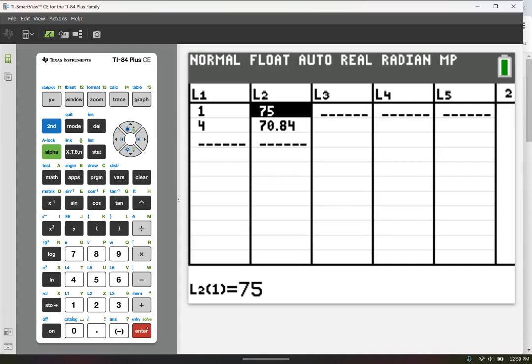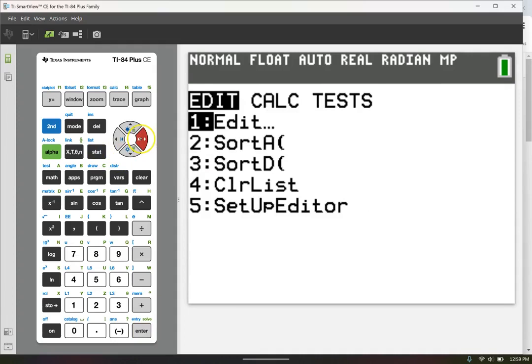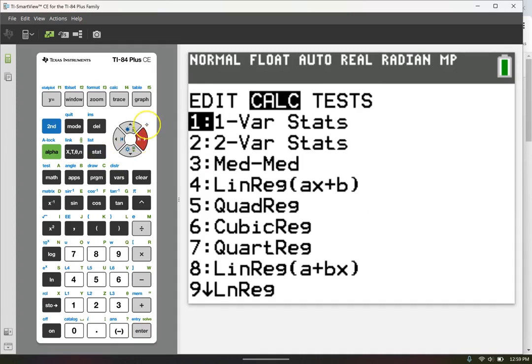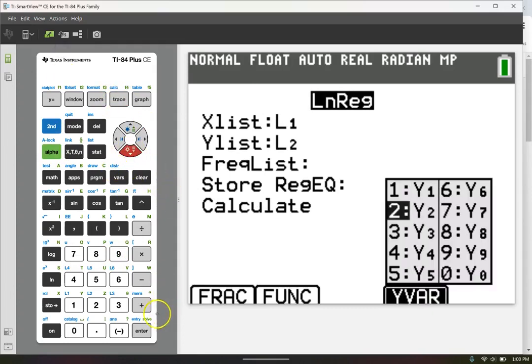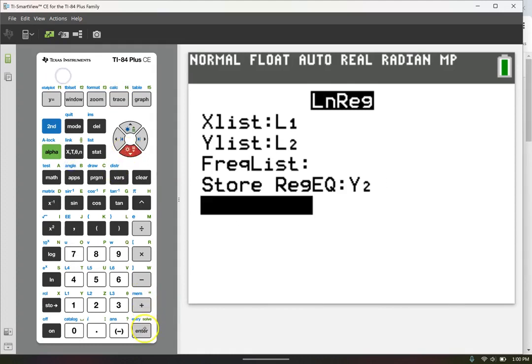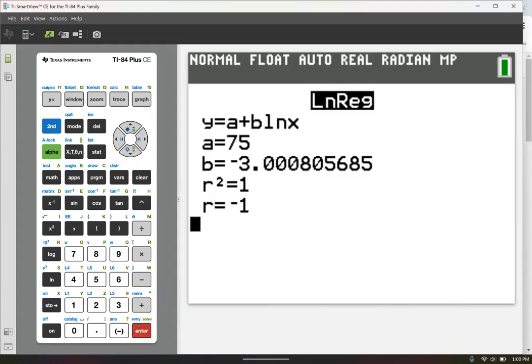So once you have your points in, we go to calculate, and then natural log regression is number 9. It's number 9, and I'm going to go ahead and store it. I already have my one that I have from earlier in y1, so I'm going to do y2 instead. Are these the same a and b values that we had previously? Yes.